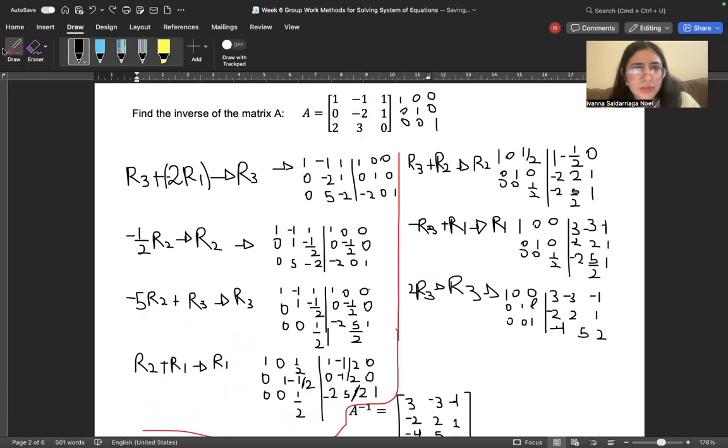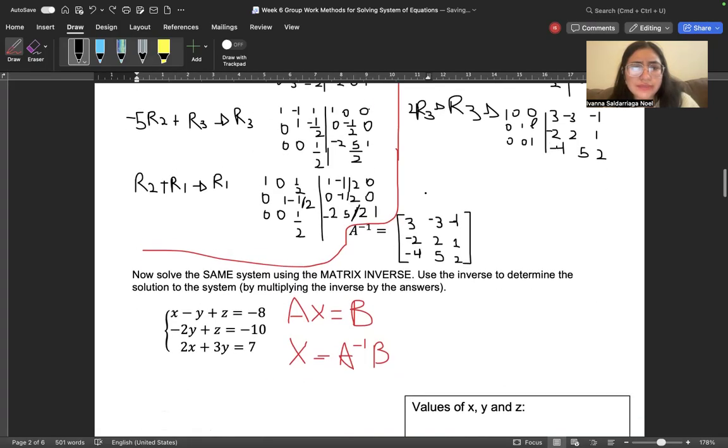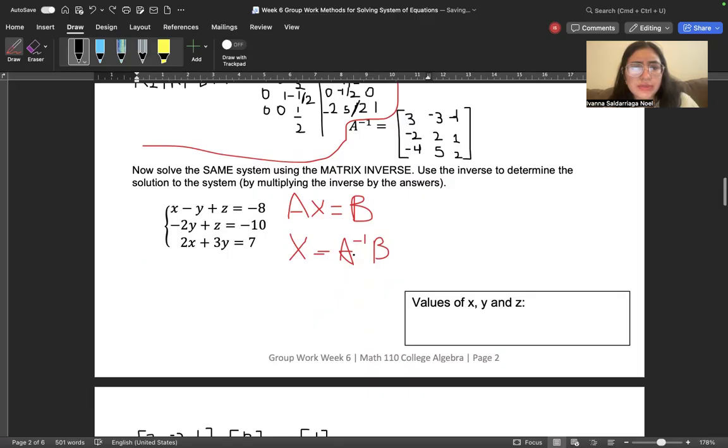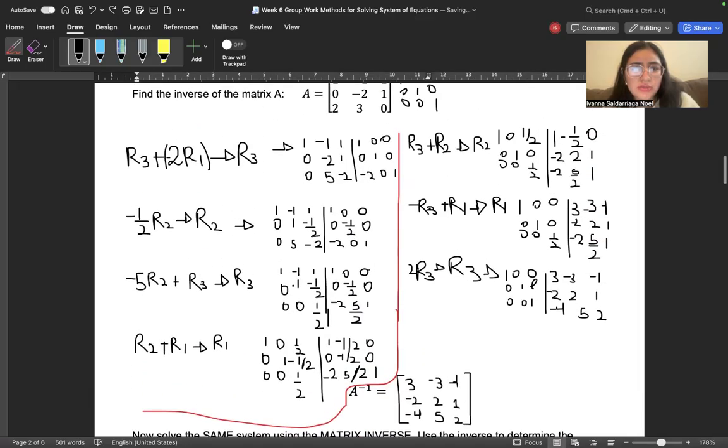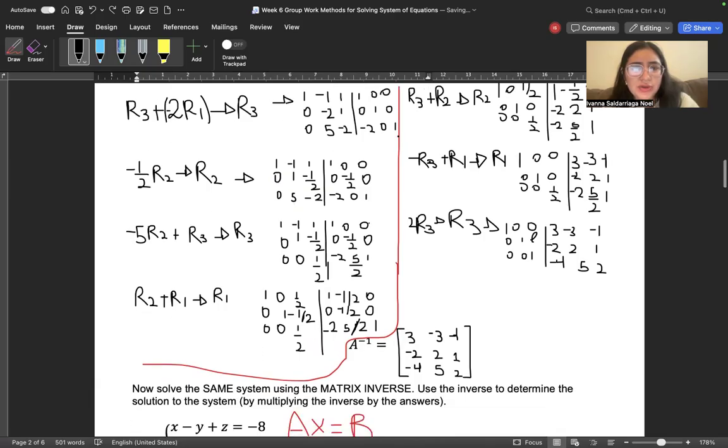So basically what you do here is the same thing, but you add the numbers here and then you multiply it to find the values with this. So I did all the procedure and I also added it here. R3 plus -2 R1.